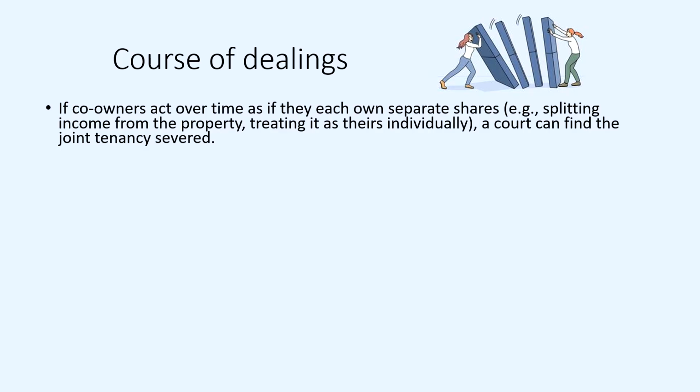Then obviously, because they're splitting all the proceeds from the property, the court could say, yeah, well, you've been treating this tenancy as a tenancy in common, with different shares all this time, so we will just confirm that.